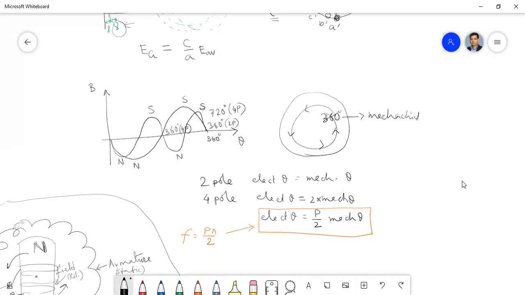If you rotate twice, you will get 720 degrees. But if you rotate once, you complete 360 degrees only. But if the number of poles is more than 2, then we can get more than 360 degrees in one complete revolution. That creates the difference between the mechanical angle and electrical angle.